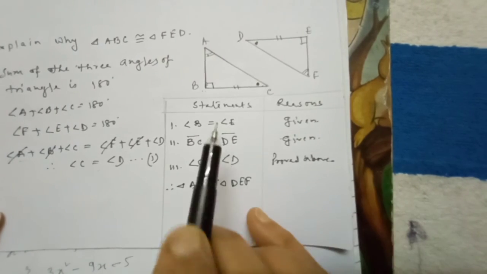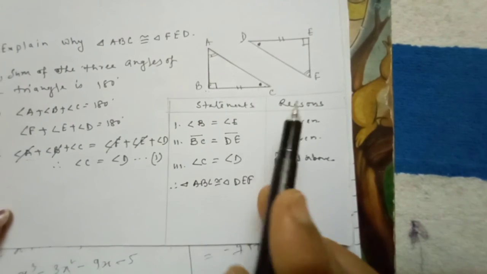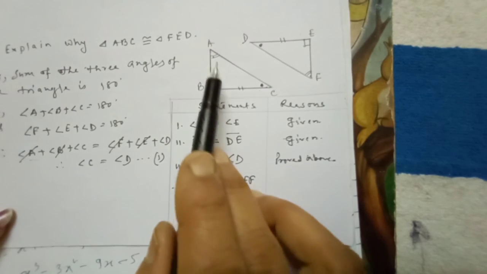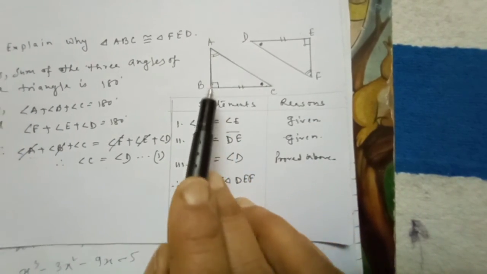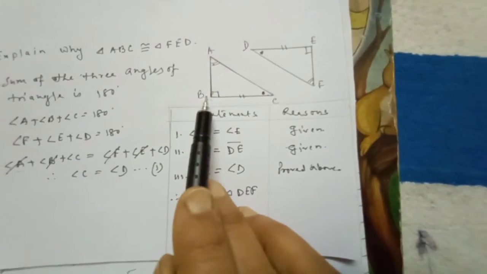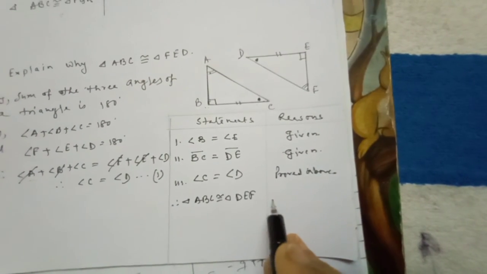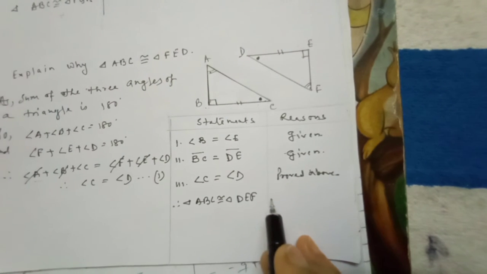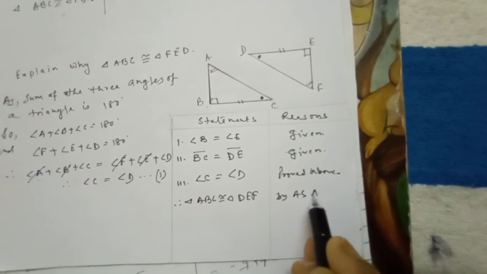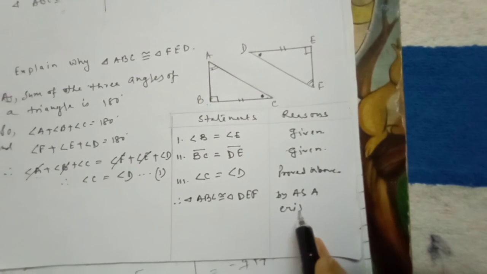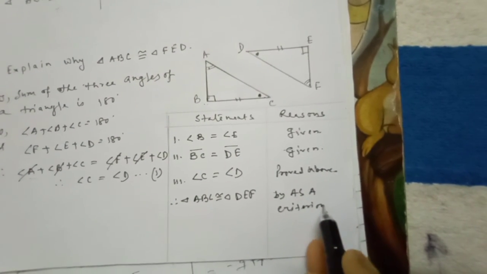By which criterion are we using now? Angle side angle. We can write triangle ABC is congruent to triangle DEF by the angle side angle criterion. Understood? Thank you, students.